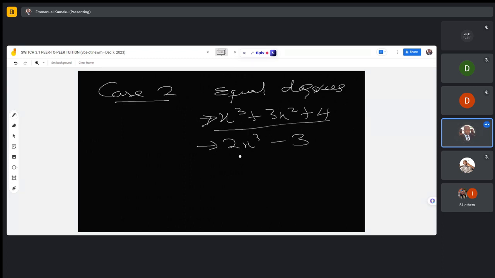So equal degrees. In that scenario, the horizontal asymptote is y equal to the ratio of the leading coefficients. When I say leading coefficient, look for the highest power of x. The leading coefficient at the top is 1, and at the bottom is 2. So our horizontal asymptote will be equal to half. Then case 3.